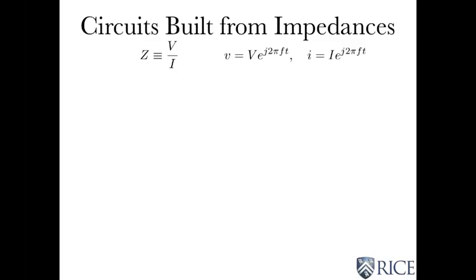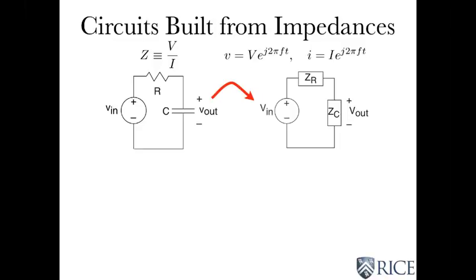Let's go back to our RC circuit. Instead of it being built out of real world values, we're going to consider it as being built out of impedances. I want to be sure you notice something in the notation. Over here, this is a lowercase v in of t, which we're assuming is V in e to the j2πft.